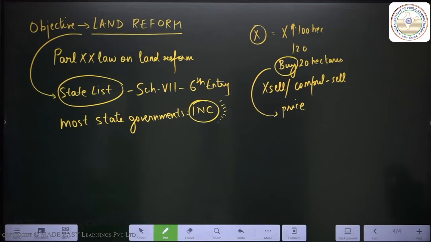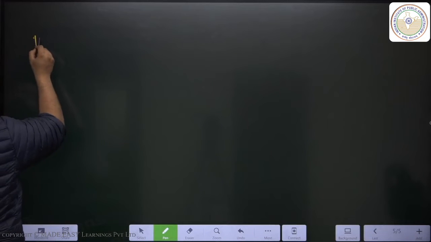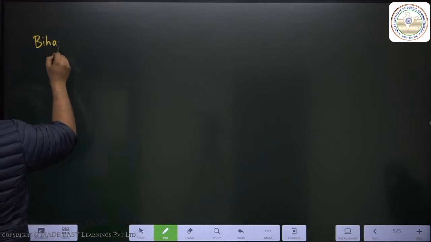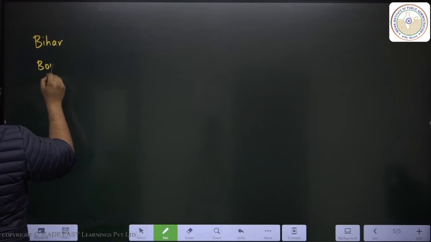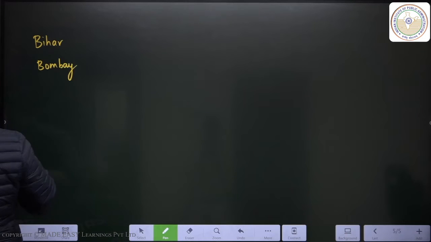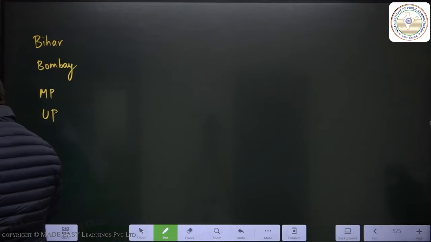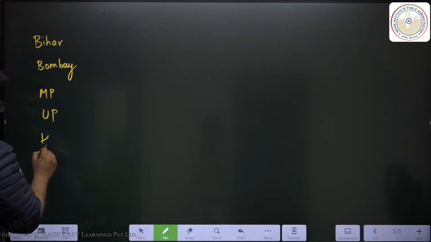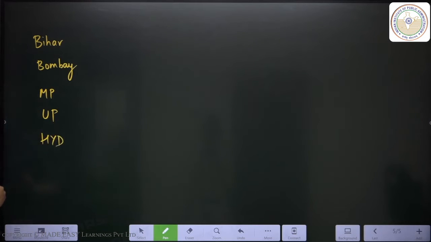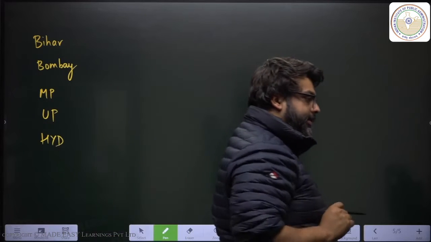Now, we are talking about the early 50s, which means we had Bihar, we had Bombay, since Maharashtra did not exist at that time, we had Madhya Pradesh, we had Uttar Pradesh, right? We had Hyderabad. All of these states started enacting land reform laws.